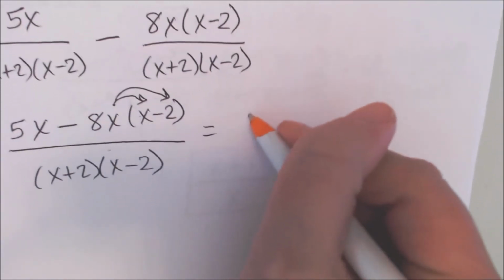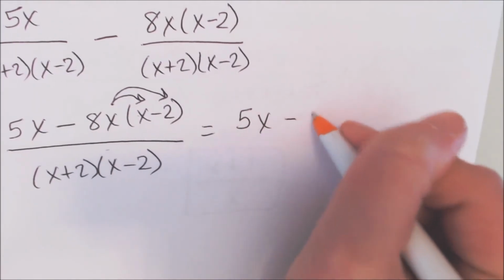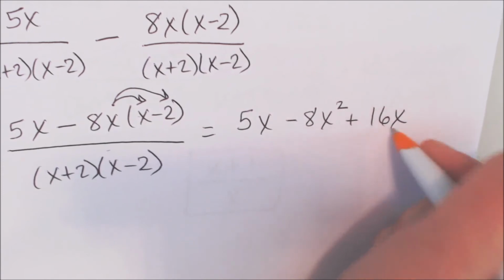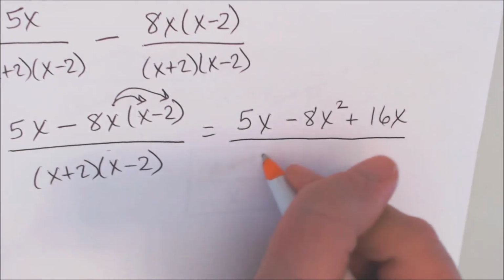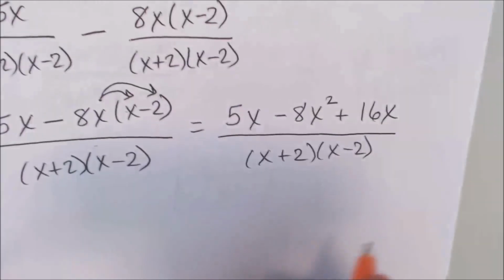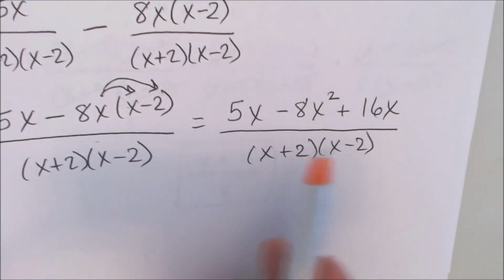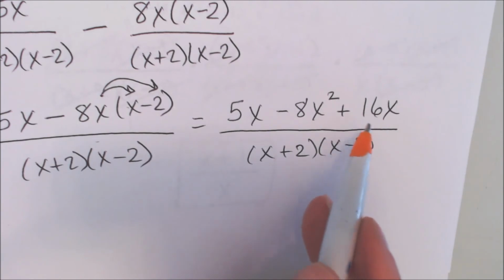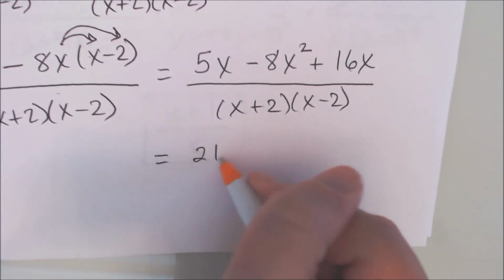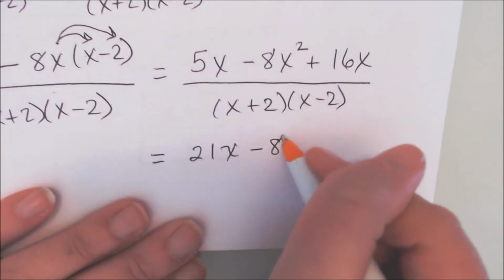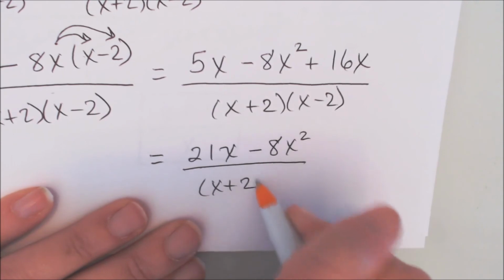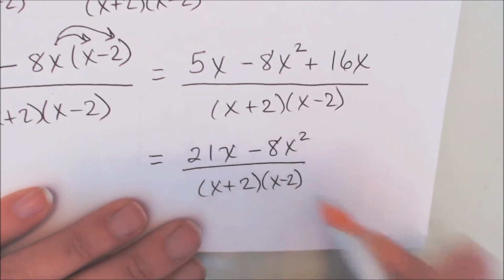So that gives me 5x minus 8x squared plus 16x all over my common denominator, x plus 2, x minus 2. And you notice that we have a 5x and a positive 16x. Those are like terms, so let's put those together. That gives me 21x minus 8x squared all over x plus 2, x minus 2.